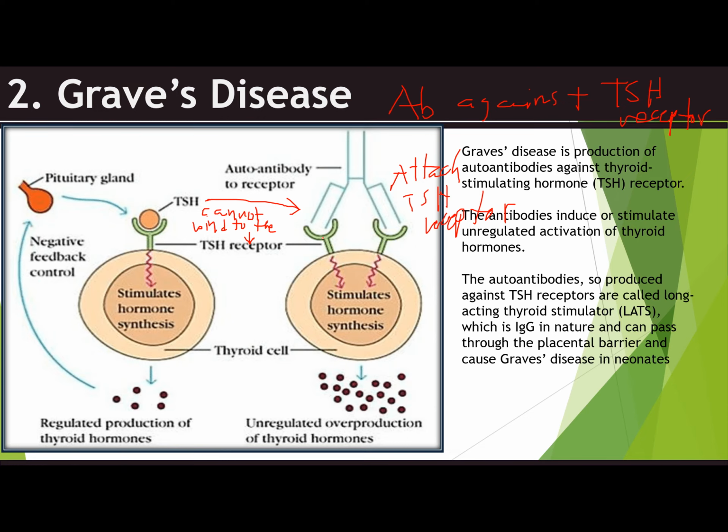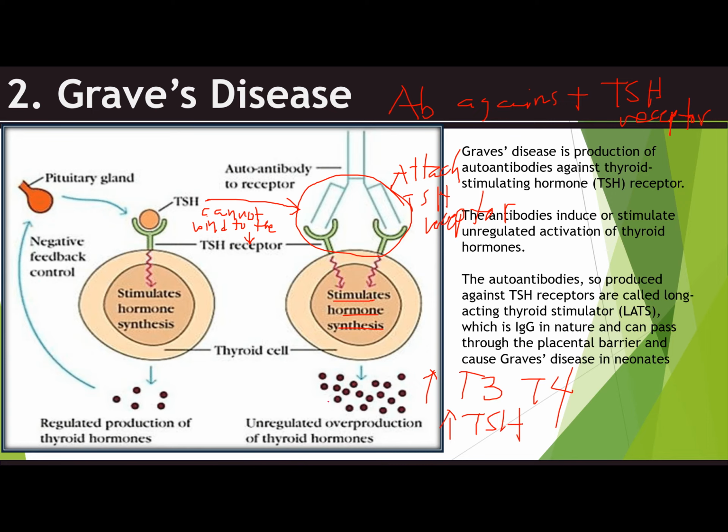Kapag naka-attach siya doon sa receptor class, it would continuously stimulate hormone synthesis. So, continuously siyang magpo-produce ng hormones. Kaya ang usually makikita mo kapag may Graves' disease ka, increase din ang TSH mo. Increase T3, increase T4, increase TSH. Ngayon, hindi mo siya ma-stop.